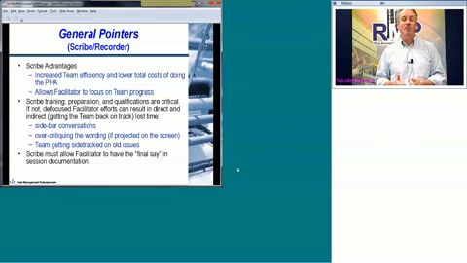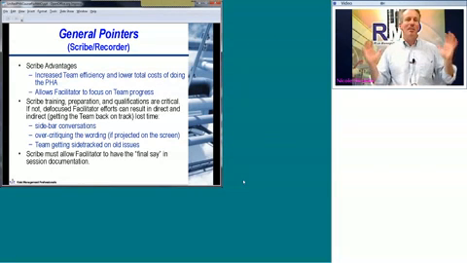Also, if the scribe's not trained and not ready to go, the facilitator gets bogged down helping the scribe, and anytime you are not pushing the team to accomplish their objectives, they'll get stuck in sidebar conversations. They'll start wordsmithing the documents on the screen, or get sidetracked on completely different issues or start talking about politics.